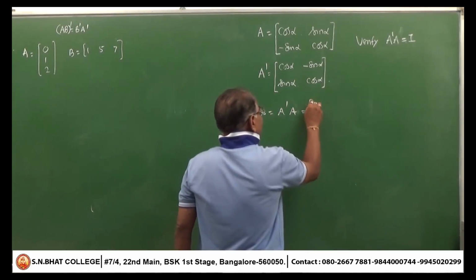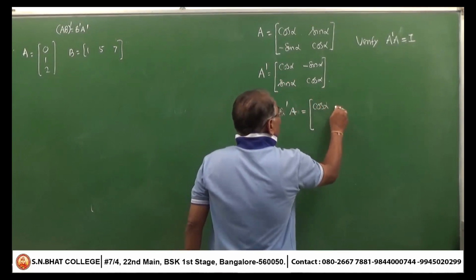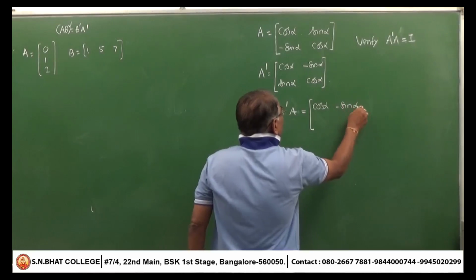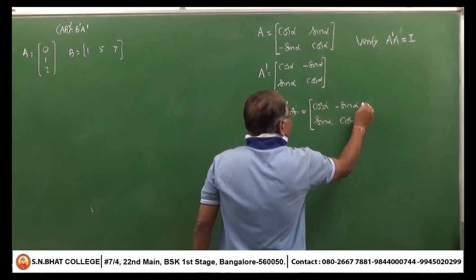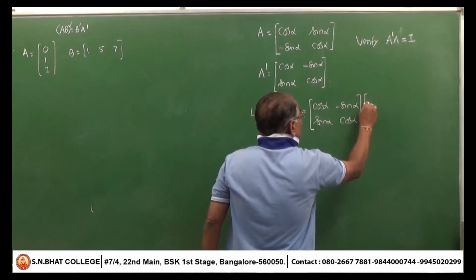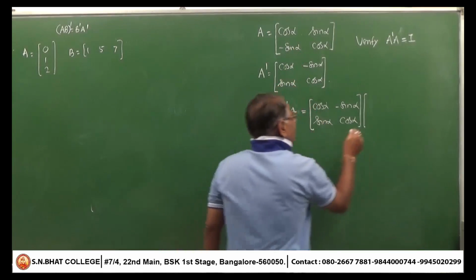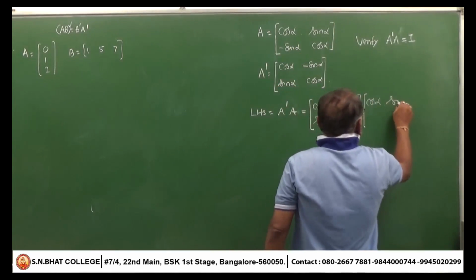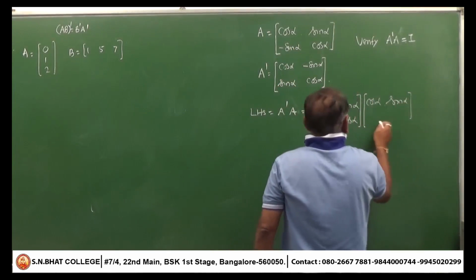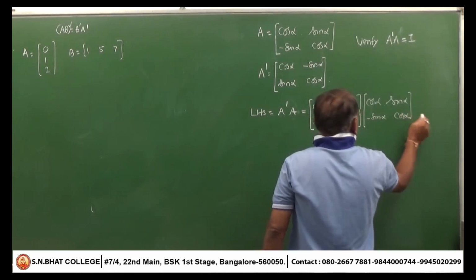A transpose, we have just calculated, is cos alpha, sin alpha, minus sin alpha, cos alpha. A transpose into A, where A is cos alpha, minus sin alpha, sin alpha, cos alpha.